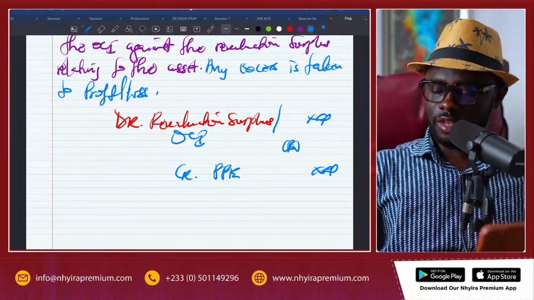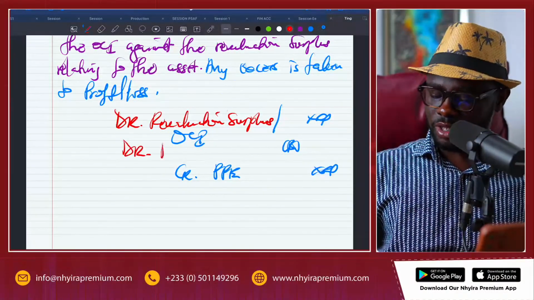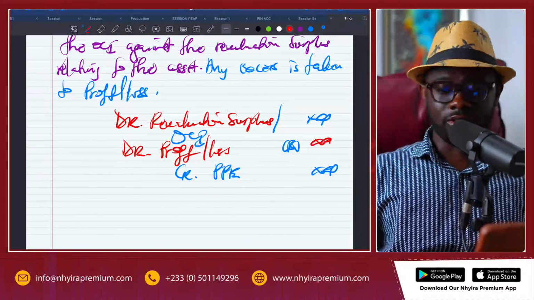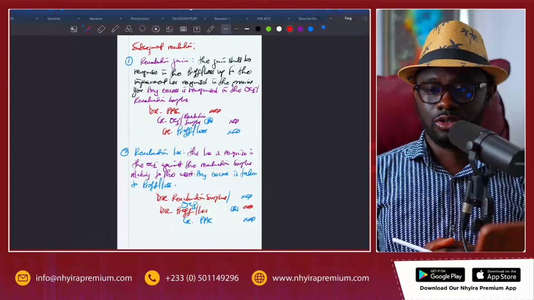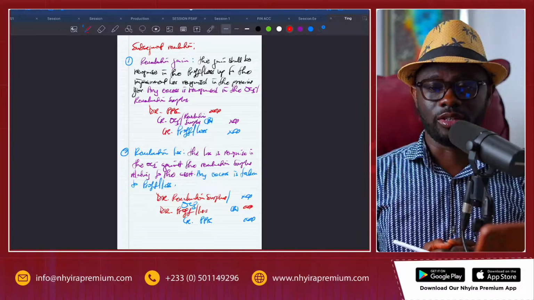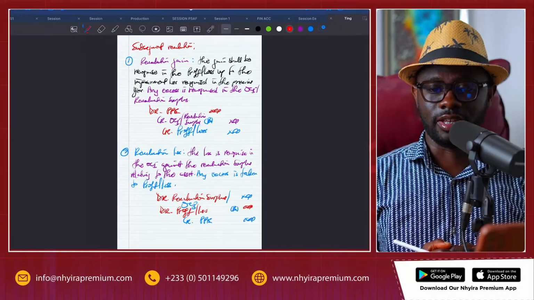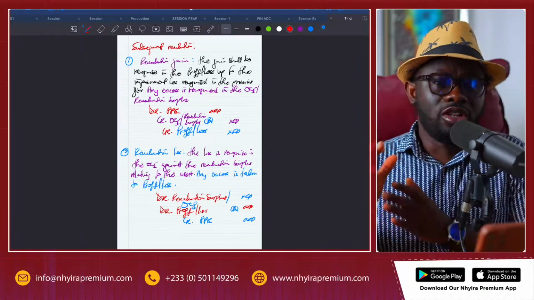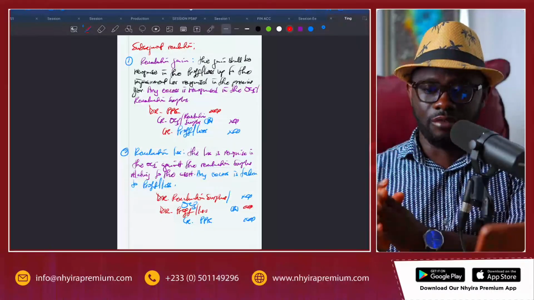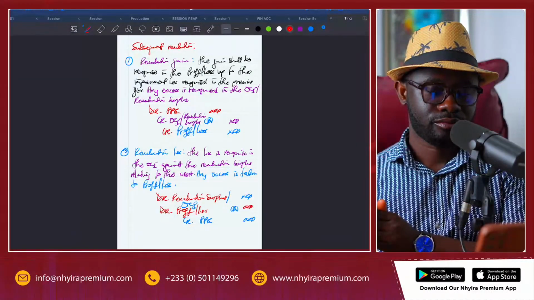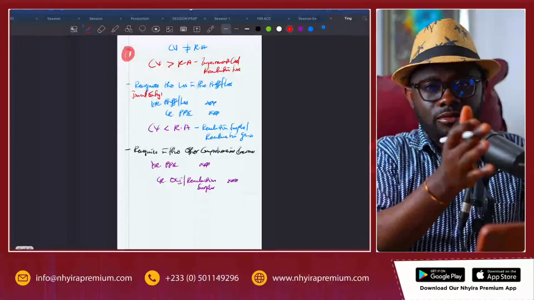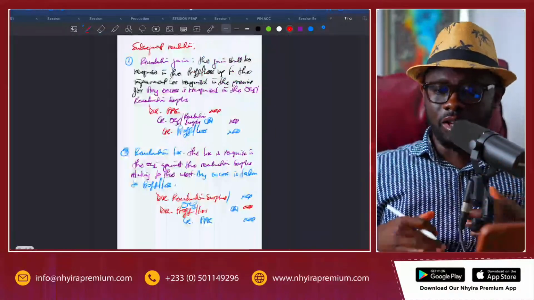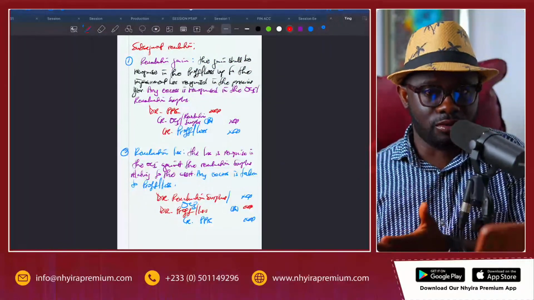The balancing figure is debited to profit or loss, that is, if the revaluation surplus account doesn't have enough balance to take care of the whole revaluation loss that we are getting in the subsequent year. So this is how we deal with revaluations. It is important we understand how it works for the first time and how it works on the subsequent.